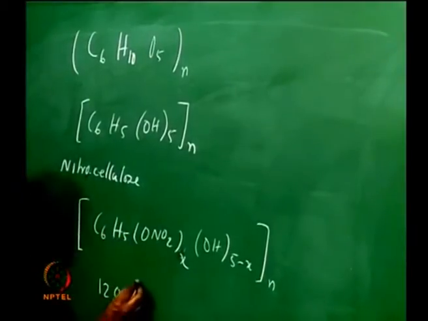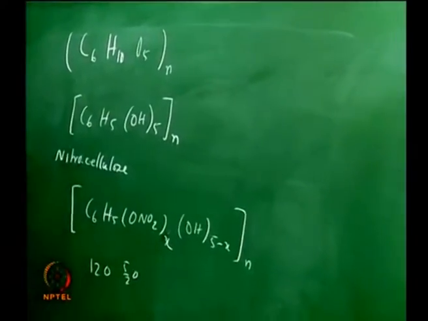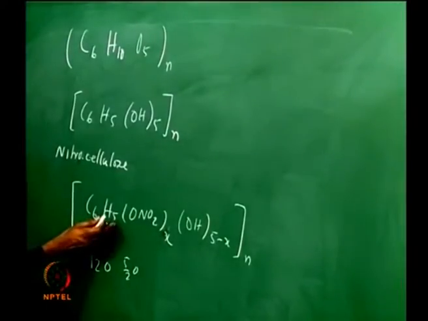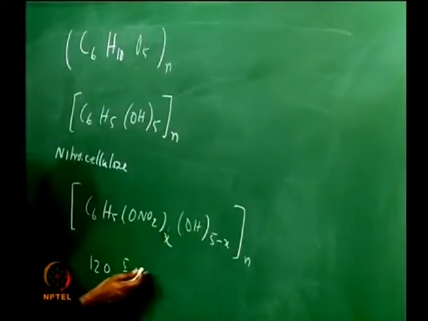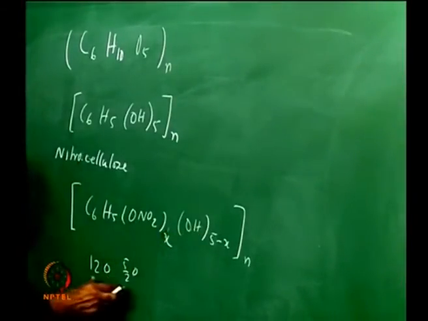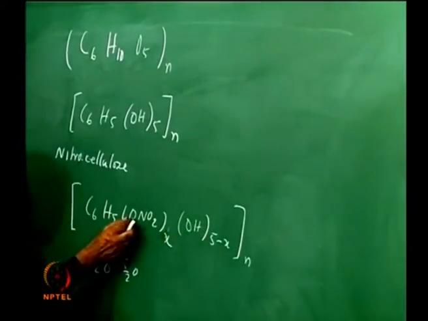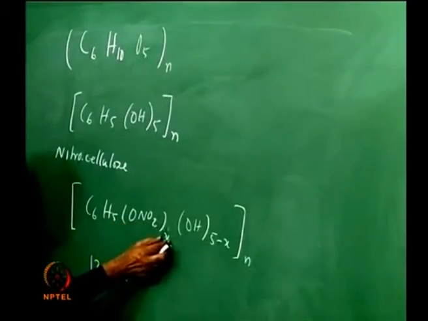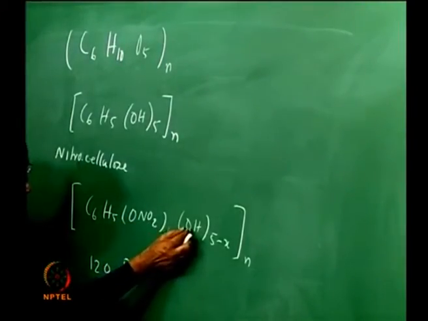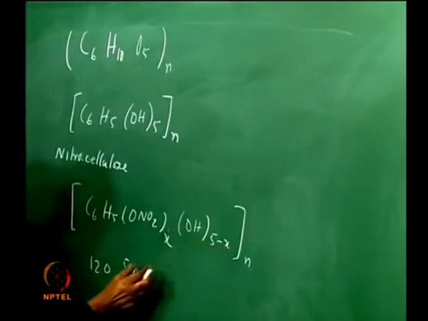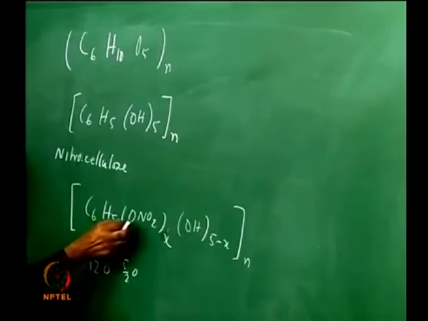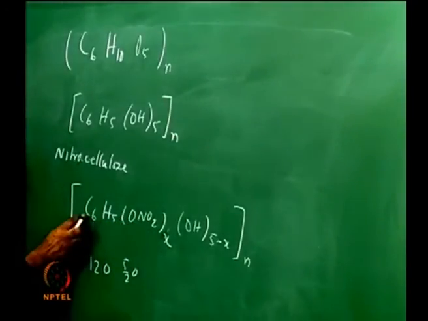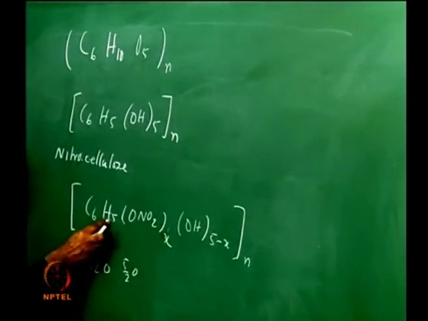H2O requires 5 by 2 of oxygen atoms, because H2O is what is formed, and then again I have H over here which requires more oxygen, but the oxygen which is available is only 1 plus 2, 3 X times, and here O 5 minus X is already available. Therefore, the availability of oxygen in nitrocellulose is much lower than the amount of carbon and hydrogen which is there.